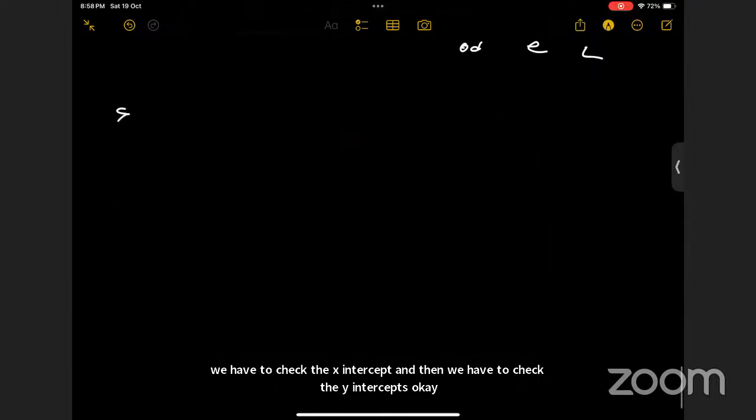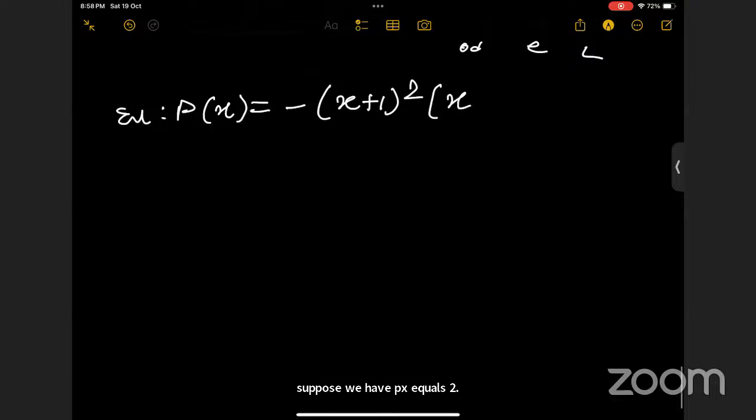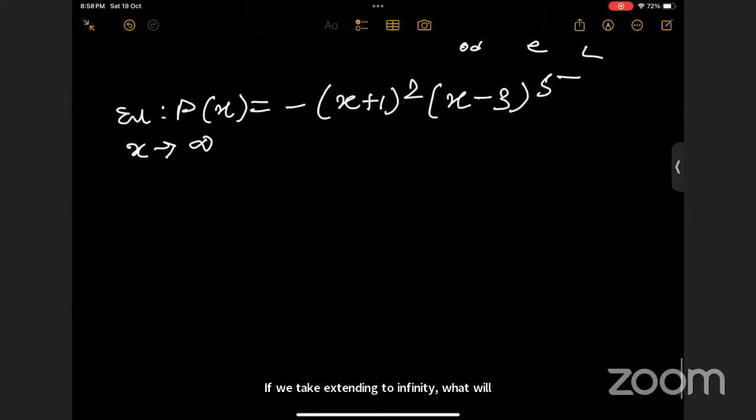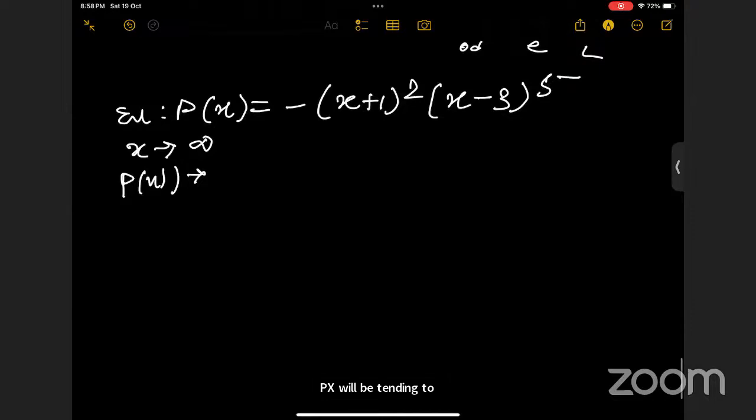So let us do another example. Suppose we have p(x) equals minus... Now you can assist me. If we take x tending to infinity, what will be the behavior of p(x)? It will tend to minus infinity.